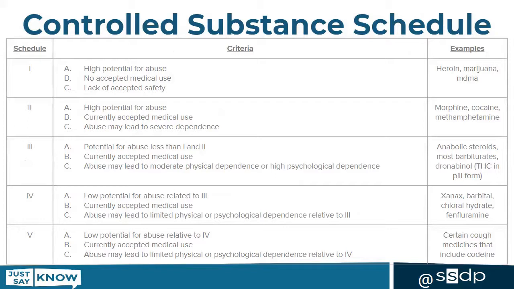Now you can see in the examples that we have cannabis or marijuana, again, this is the terminology that they use, and MDMA. And many of you will know that particularly for those two drugs, there has been some research that has shown, one, that there is an accepted level of safety, particularly with MDMA and the clinical trials that are happening right now for MDMA-assisted therapy for PTSD, and that there's some potential medicinal use.